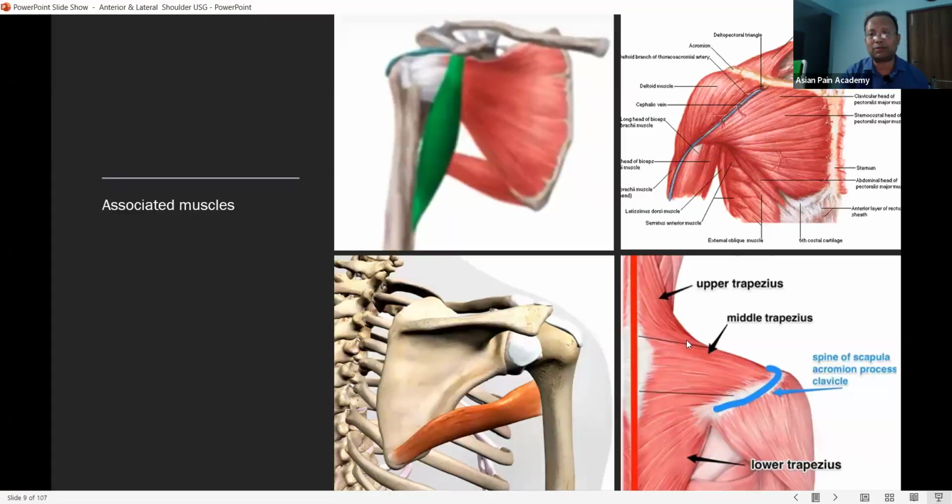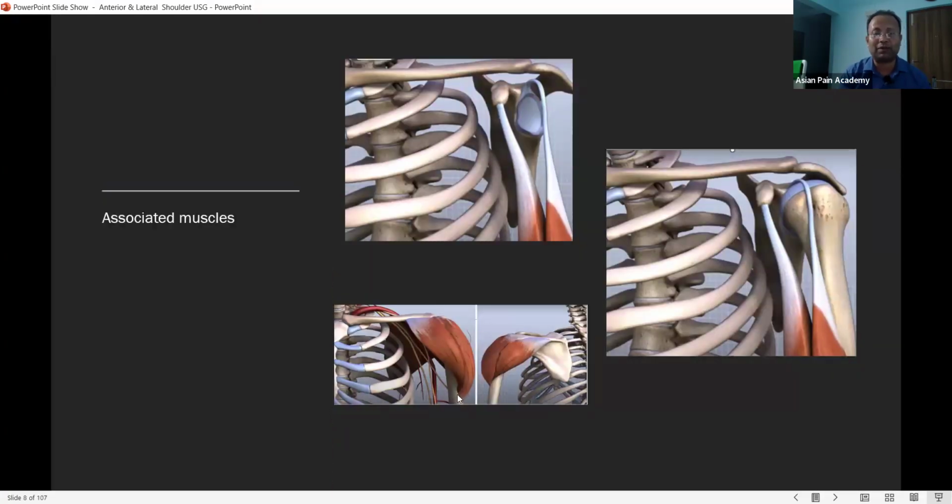You can see this muscle is nothing but the trapezius muscle. From this part the deltoid starts, and from the front side, the clavicle, the deltoid starts, but in between them the muscle present is the trapezius. So you understand that the most superficial muscles above the rotator cuff muscles are the trapezius and deltoid.